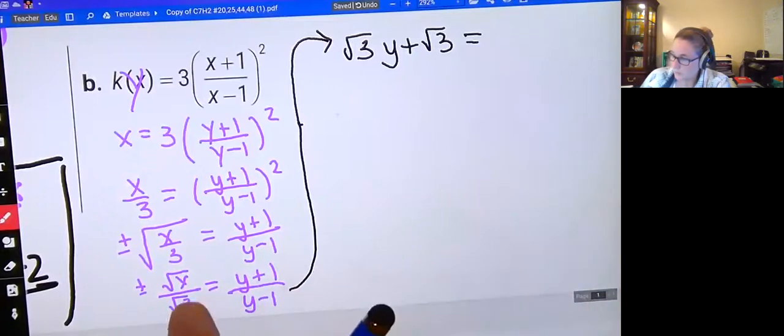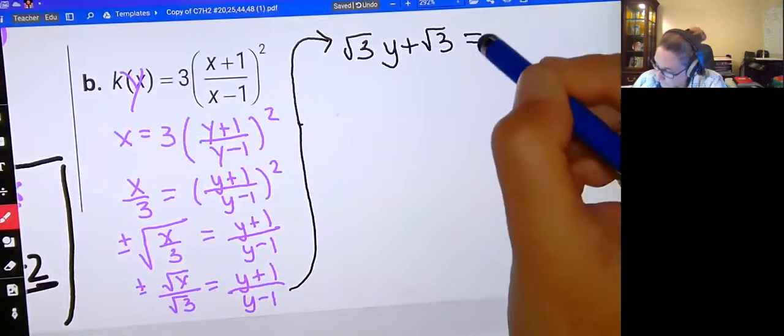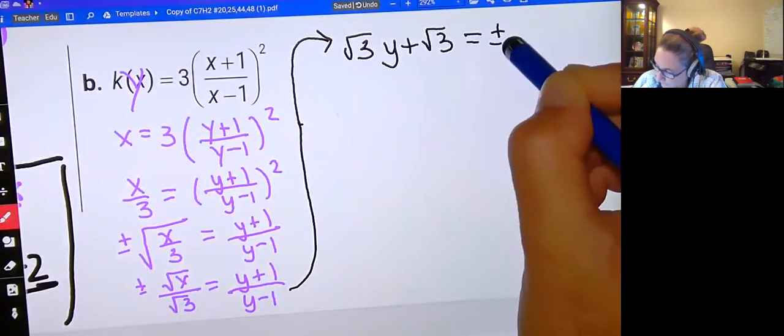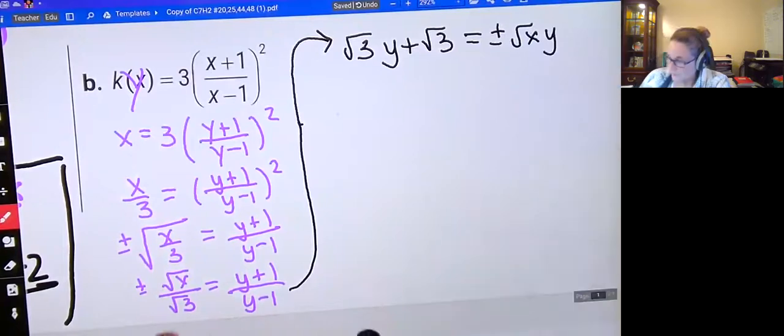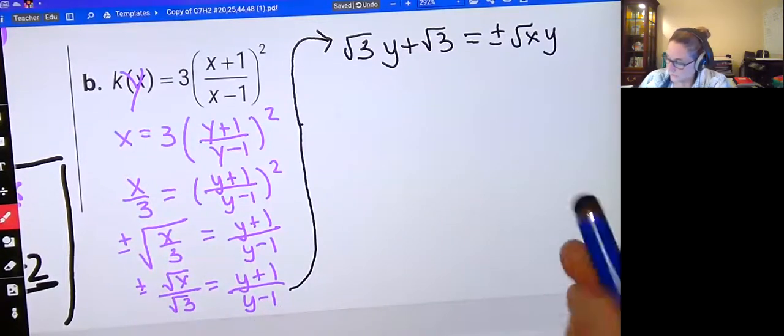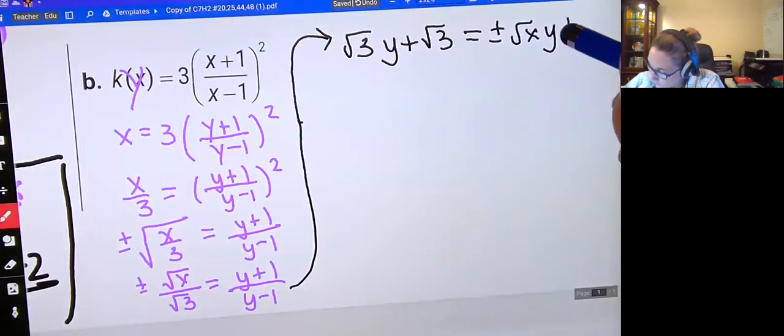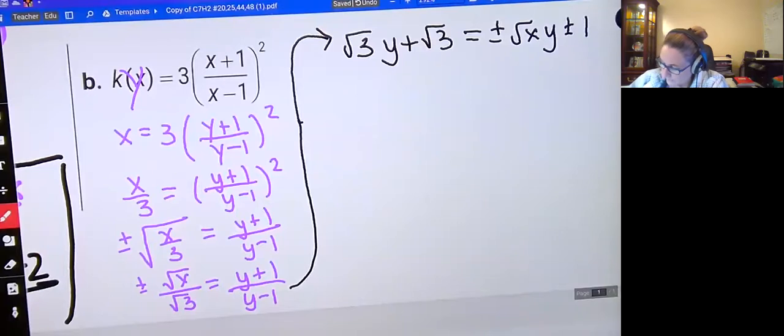And then my root x is going to multiply with both of these. And again, what's going to happen is I'm going to have a plus minus. So I'm going to get a positive negative root x times y. And then this plus minus is going to multiply with this. So again, I get a positive and negative 1.